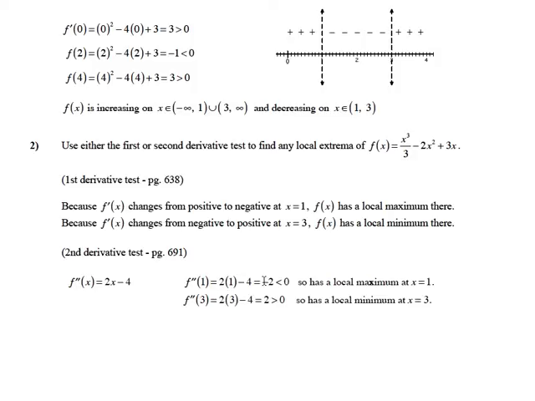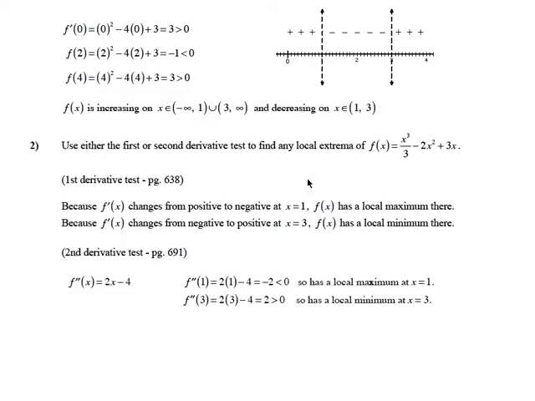And because the second derivative is negative at x equals 1, the function has a local maximum at x equals 1, and because the second derivative is positive at x equals 3, the function has a local minimum at 3. Now, a negative second derivative indicates that the function is concave down.